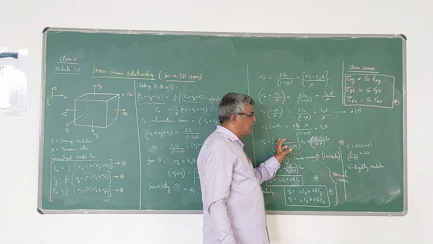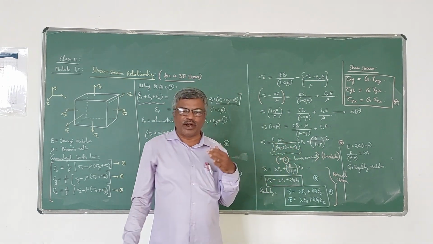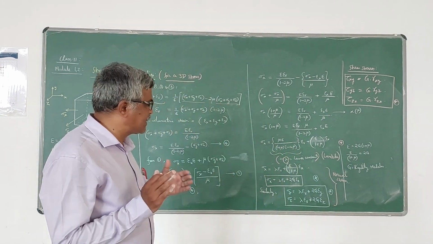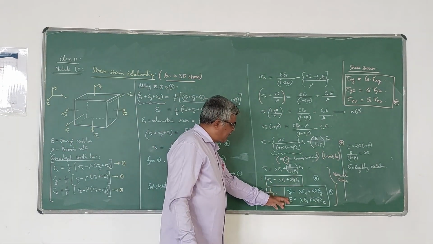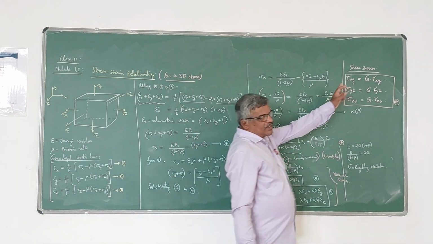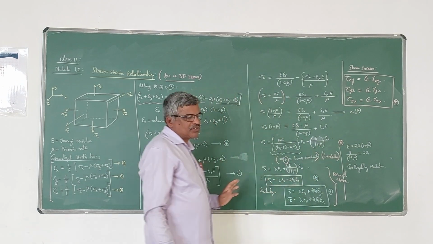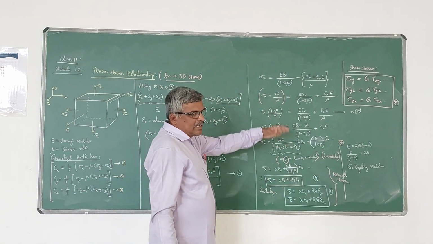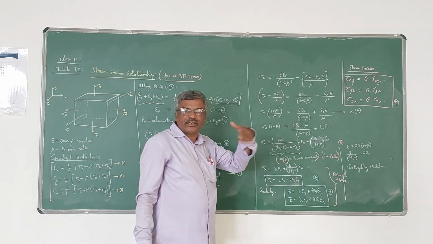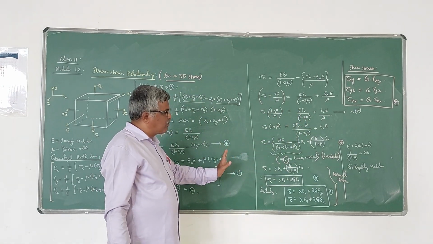Normally they give E and mu. They ask you to find the stresses or the stress tensor. The stresses are obtained by these 3 equations and these 3 equations. Totally you have 6 stress components, which can be evaluated using these 6 equations. Next class I will take up a numerical problem on this.